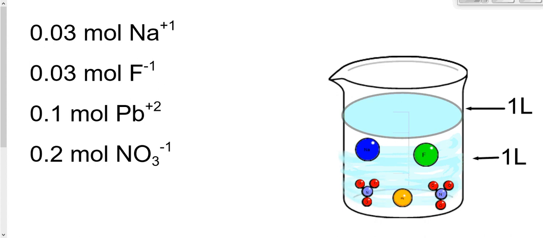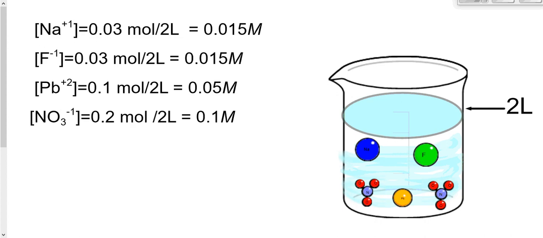In order for us to determine whether or not we're going to get a precipitate, though, I don't need to just know how many moles. I need to know what the concentration is. I need to know the moles per liter. We added 1 liter of each of the different solutions. So now we have a total of 2 liters of solution. Moles divided by total volume will give us molarity, the concentrations.